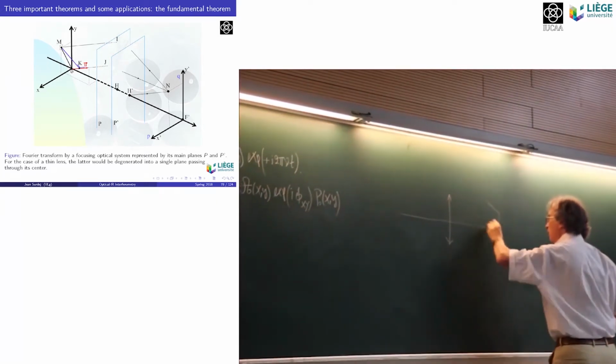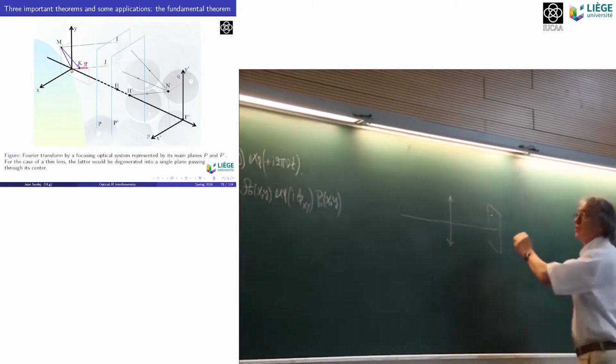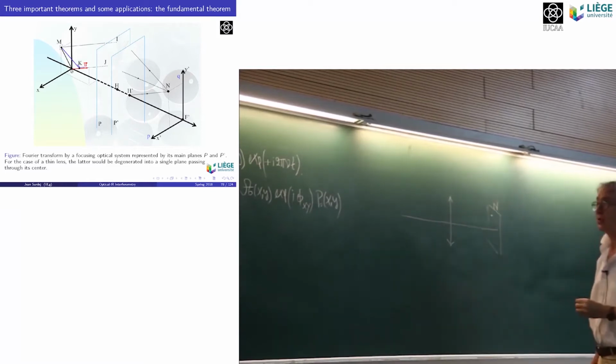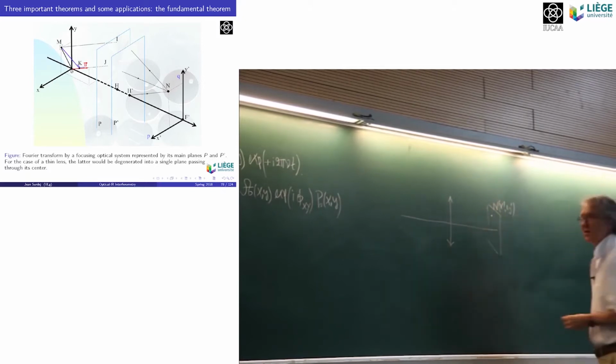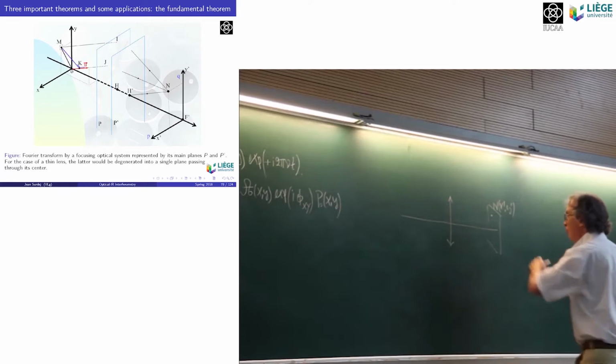So here is the focal plane, and this defines the point that I've named N, with the coordinates x prime, y prime. Let's assume this is the focal plane, of course.